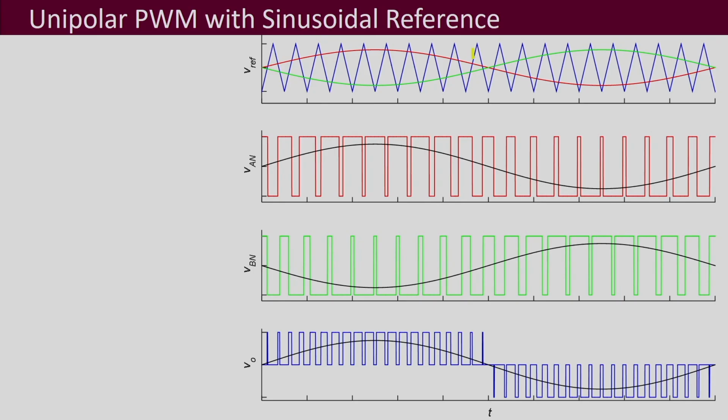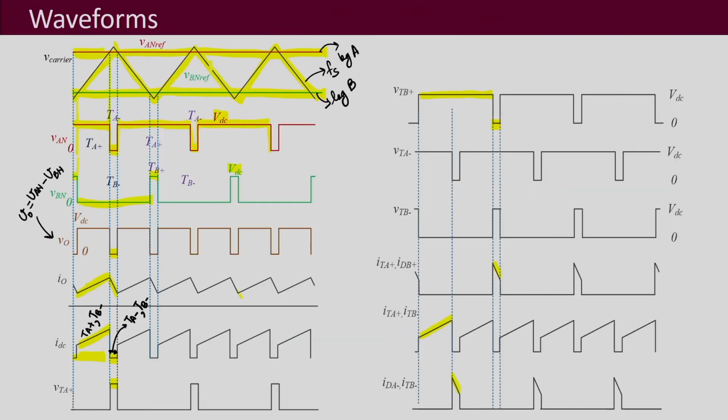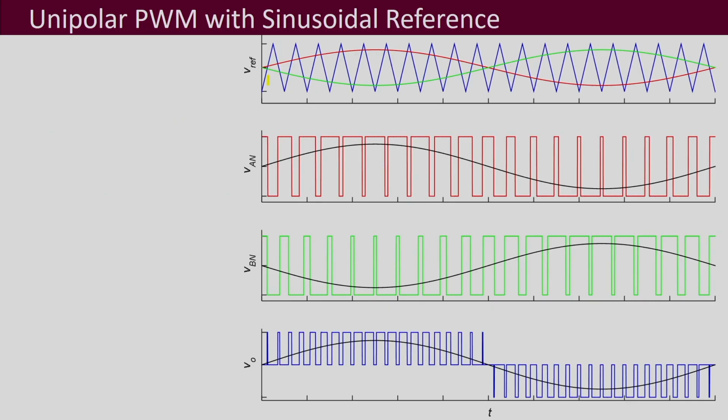Now, in this case I have shown you where the references are not varying, like the references appear to be DC references, but it may so happen that the references are sinusoidal, and this is what is shown here.